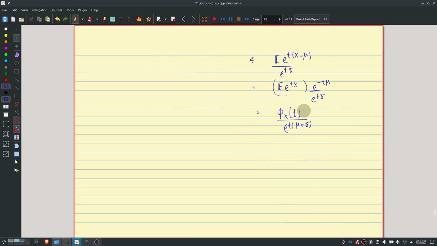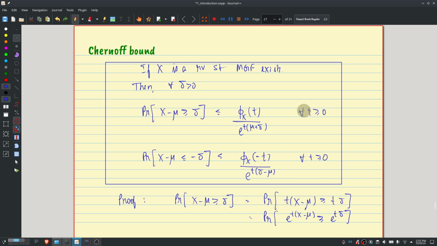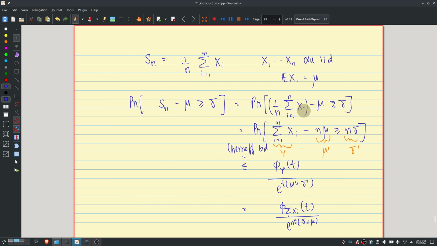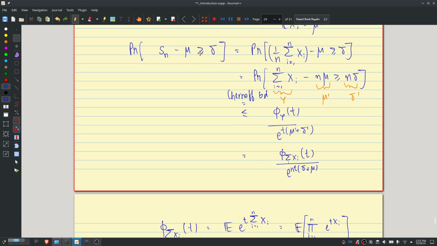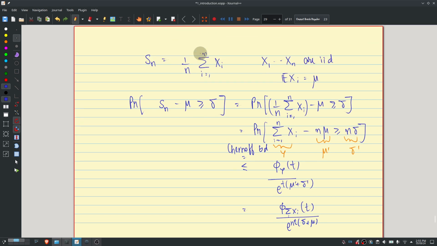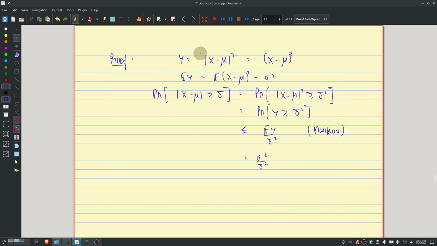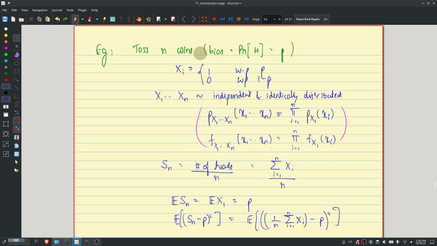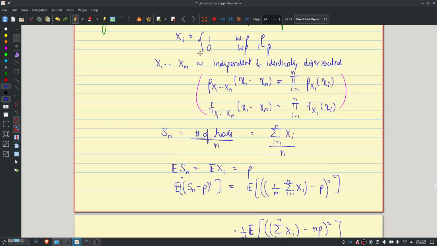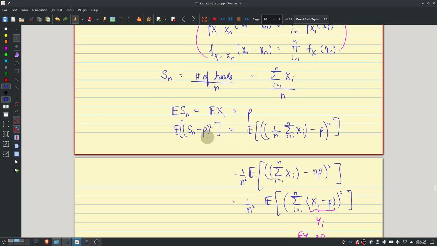If you recall from our previous class, after we derived the Chernoff bound, we also tried to derive the Chernoff bound for this average. When we dealt with Chebyshev's inequality, we were also interested in finding out the probability that Sn deviates from the mean by a certain amount.